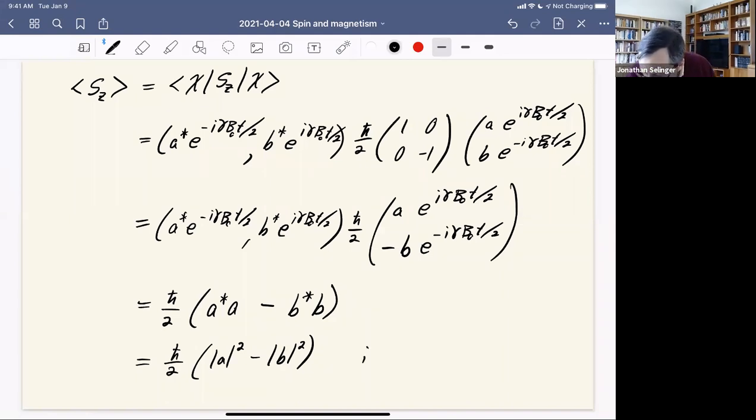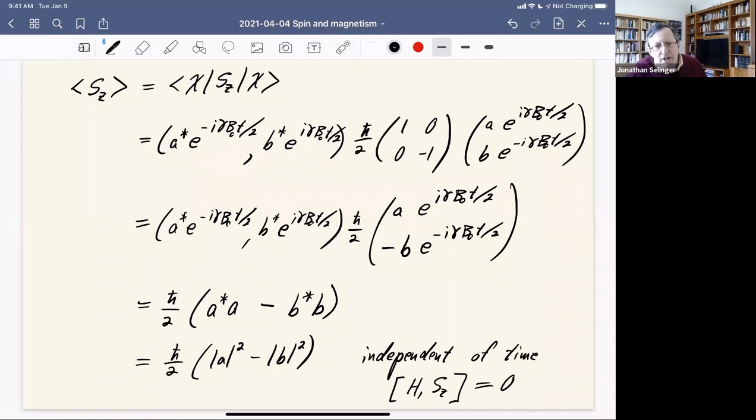You'll notice that this is independent of time. That is reasonable. It should be independent of time because the operator SZ commutes with the Hamiltonian.